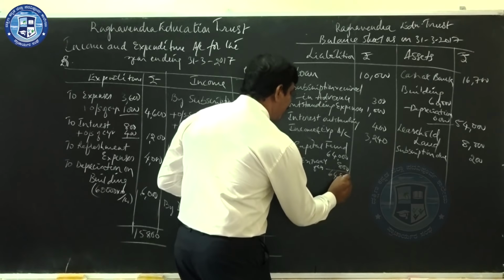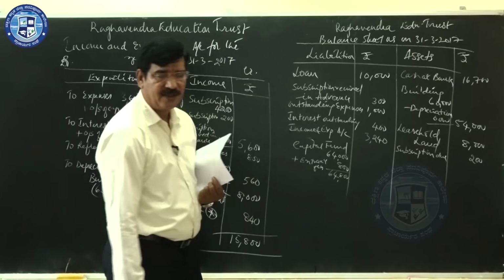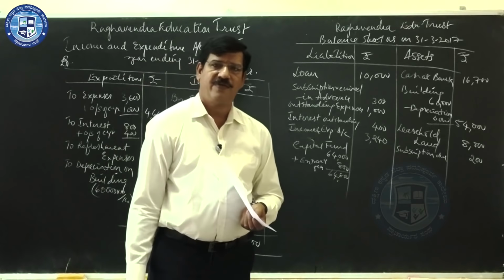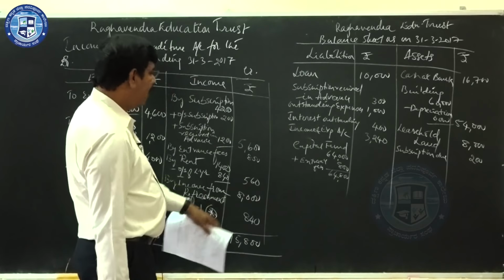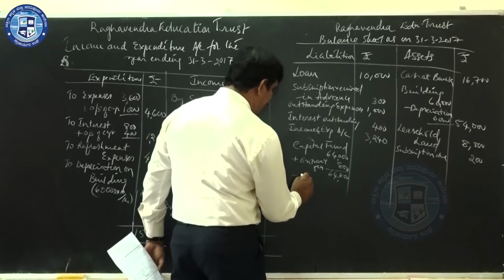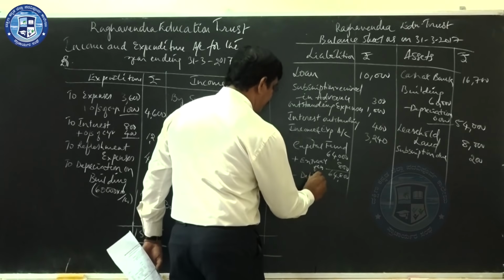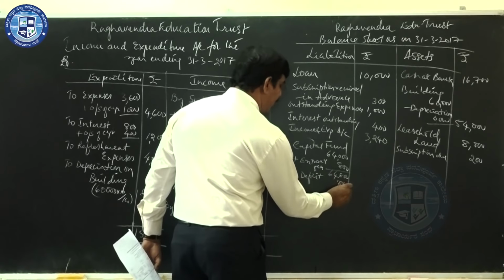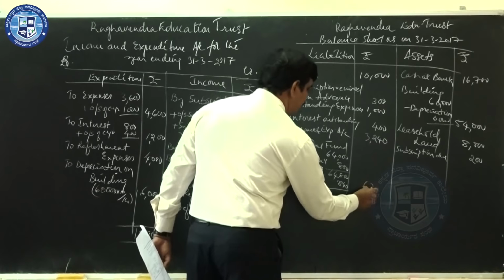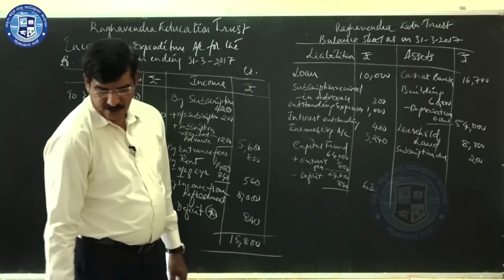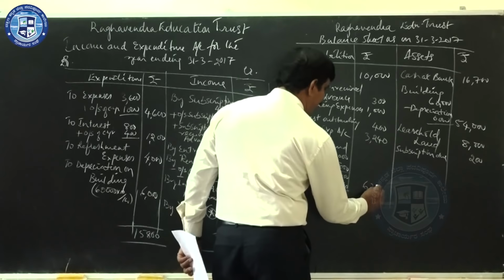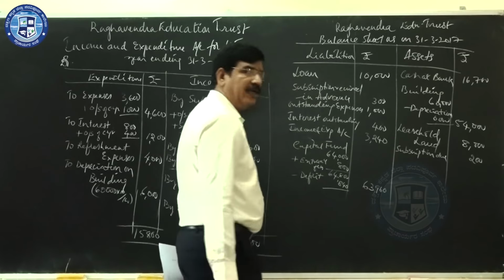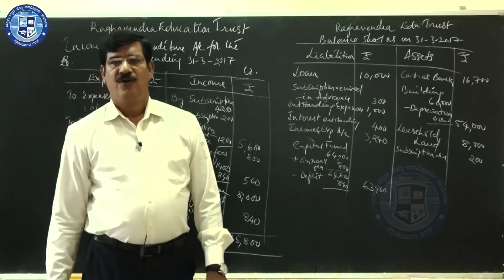For this you have to add the surplus, or in case you find a deficit, you have to deduct it. In this problem we get a deficit of 840. So minus deficit 840, 63,960.